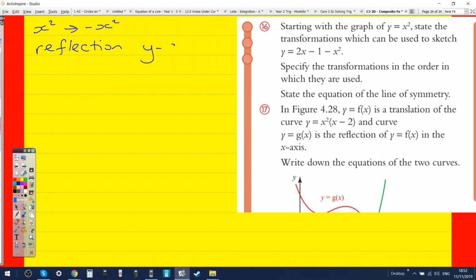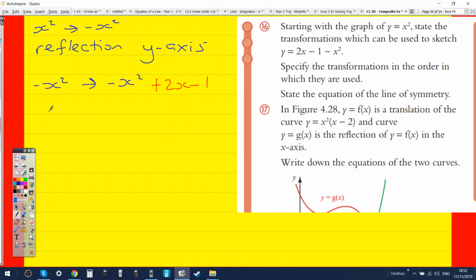Okay, so then minus x squared, what's next? So then 2x. Here's the sketch. You could do both at the same time. Let's just say that becomes minus x squared plus 2x minus 1. And so what is that?